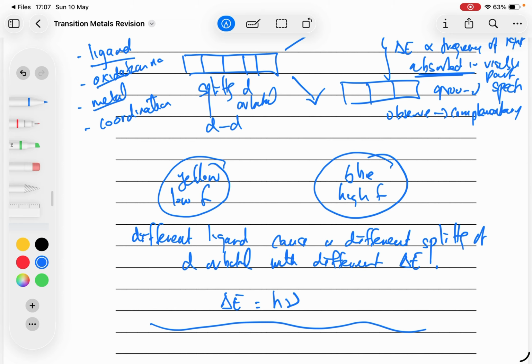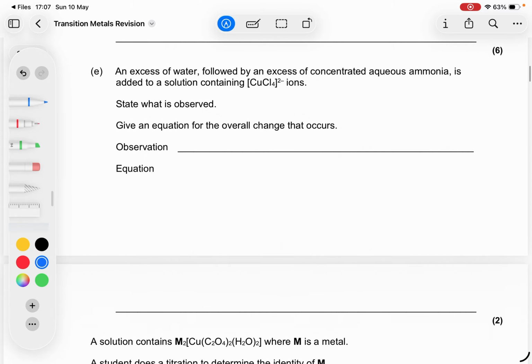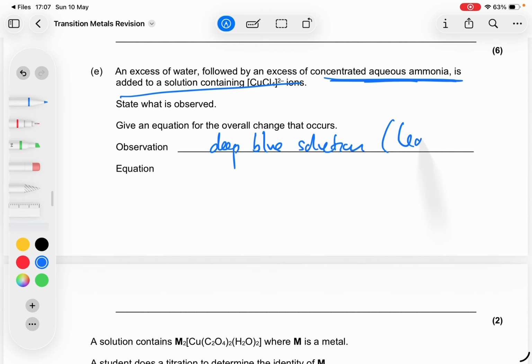Now this question is from 2025, and you will get a question of this nature: excess water followed by excess concentrated ammonia is added to a solution of copper chlorides. What is your observation? You must say deep blue solution formed. You must learn these reactions.